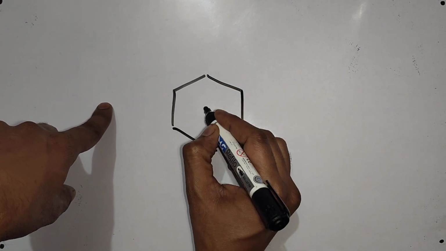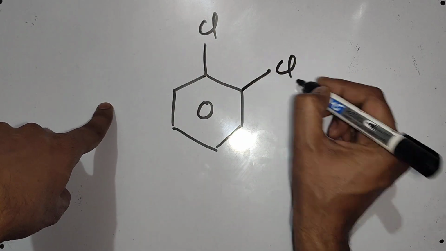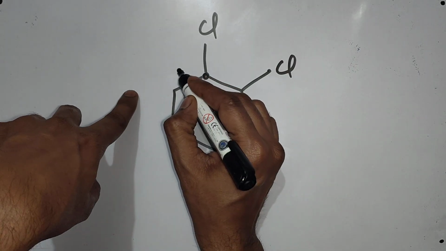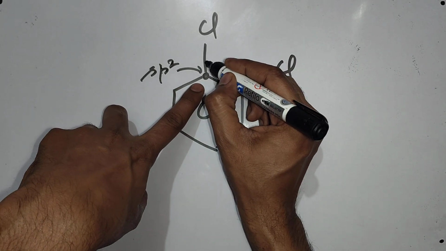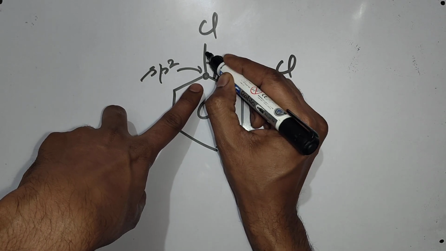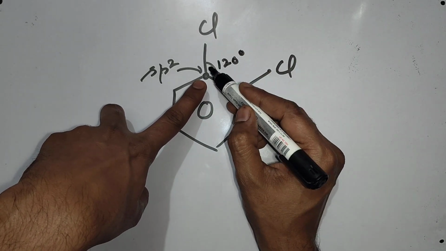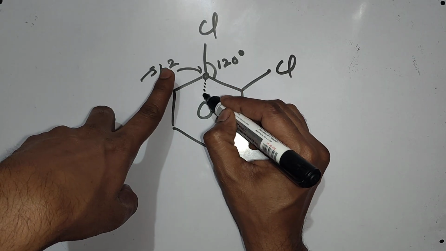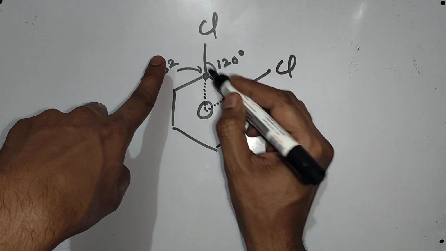If I talk about the ortho case, this carbon is sp2 hybridized. So between this bond and this bond, the angle will be 120 degrees. But we don't want this angle. We want the angle between these two chlorines.